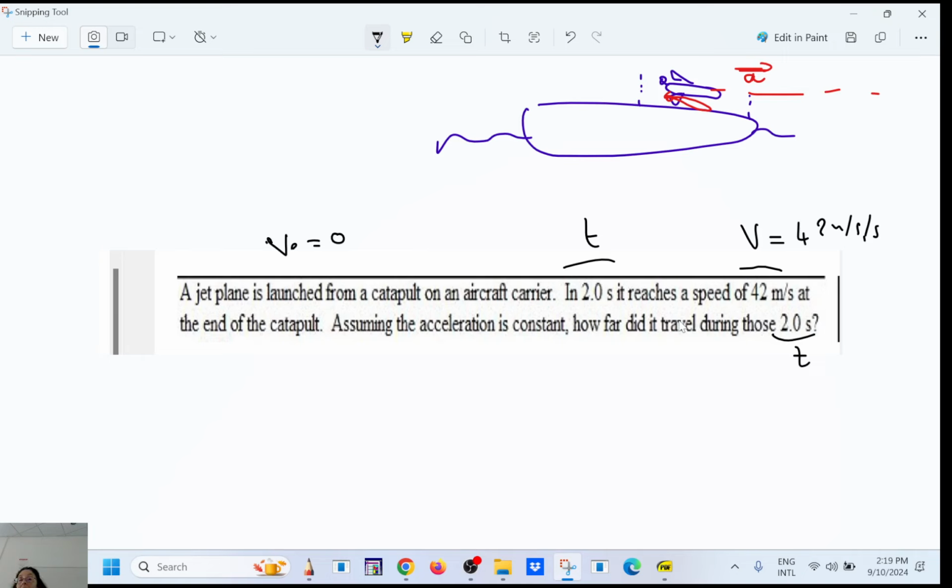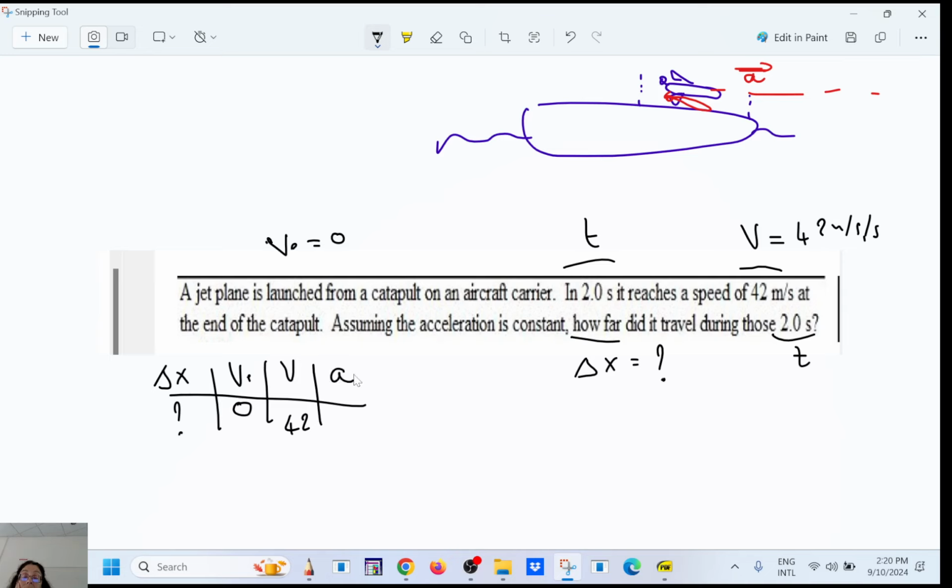Constant, how far? Okay, I'm missing something here. How far? Question. How far? Okay, we can do it in 2 steps. So delta x, I don't know; initial is 0, final is 42, acceleration I don't know, time elapsed is 2 seconds.